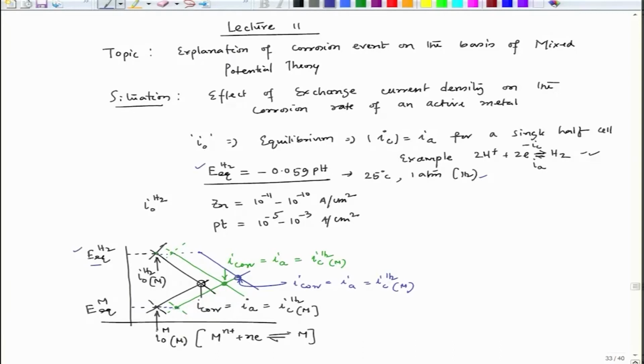And here also, if the metal ion concentration remains fixed, this particular equilibrium potential of that metal will not change, because here E equilibrium of the metal equals E0 of M plus n, plus 2.303 RT by nF log of the concentration of metal ion, because M is nothing but the pure metal.